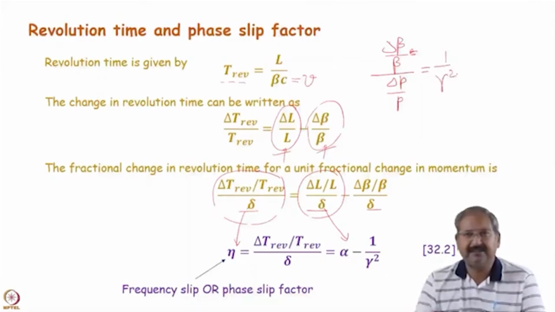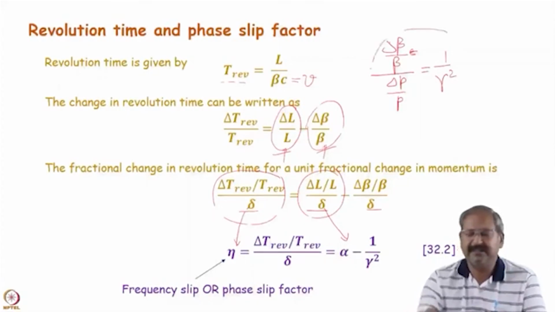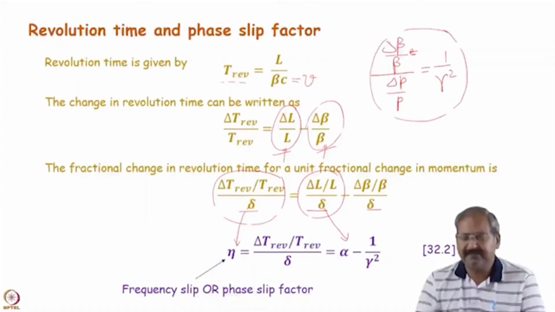This is an exercise for you to prove this relation. It is very easy to prove. Just take momentum in terms of beta and write it down. P is equal to beta C gamma, the momentum in terms of beta and gamma.